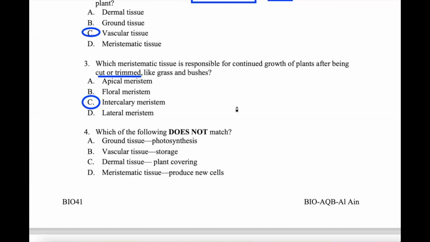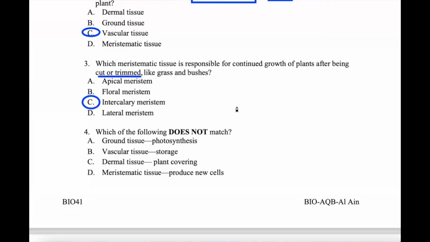Any other boy? Why is apical meristem not the answer for this? Boys, what happened? Apical meristem. What hint did I give you for apical meristem?